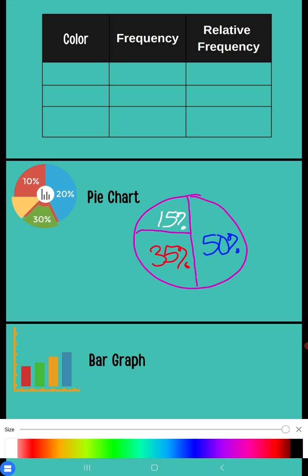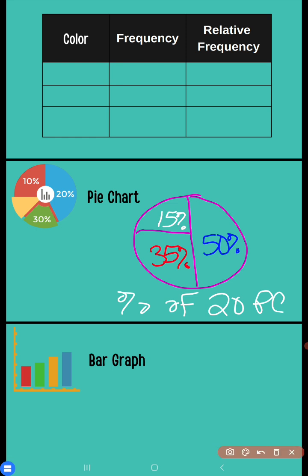The big thing here is that my percentages need to add up to 100%. If they don't, I've done some of my math wrong somewhere and I need to go back and double check it. Also, when we do a pie chart, we want to make sure that we label what it's for. Maybe we might label it something like percent of 20 poker chips. But we would want to give it some kind of label.